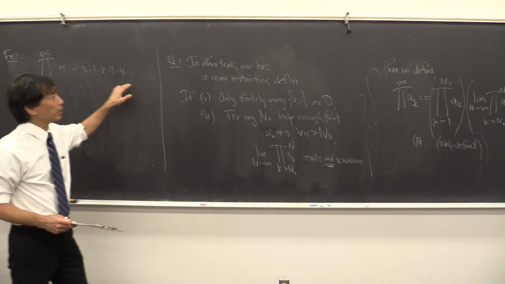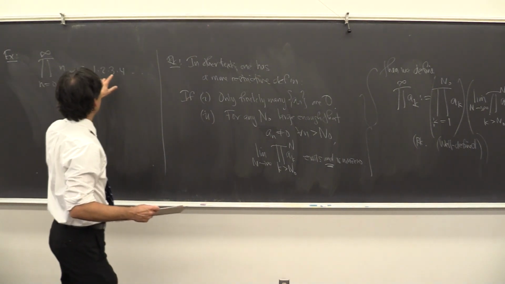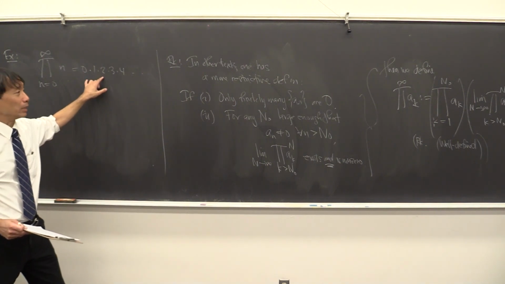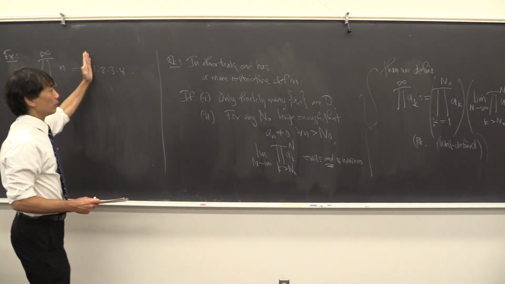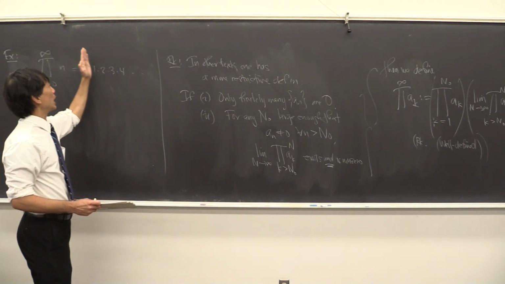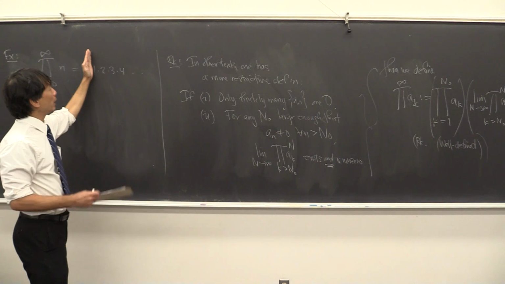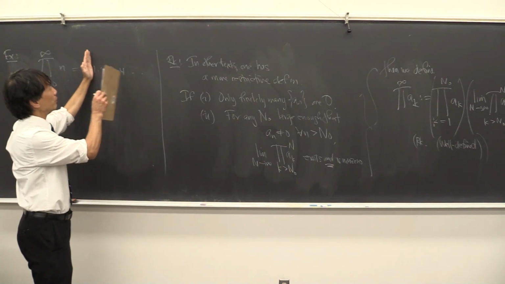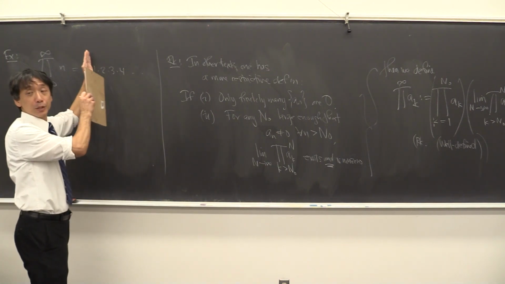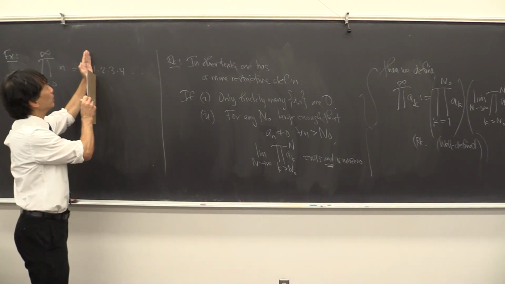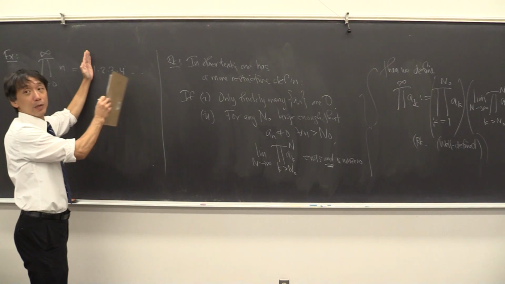But in the restrictive sense, this is considered a divergent product. You remember what you do: you chop off the zeros, and then you look at the partial products of the rest of the guys, and that needs to converge to something non-zero. Well, this doesn't converge.